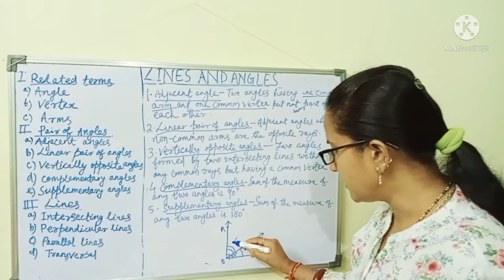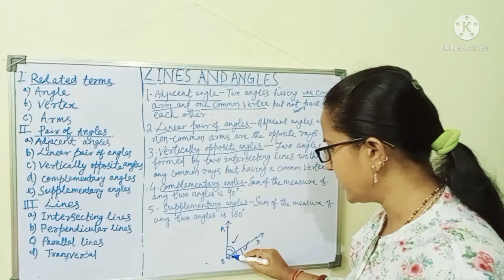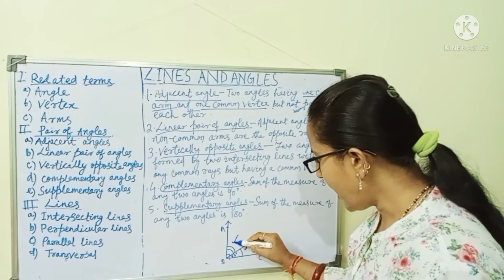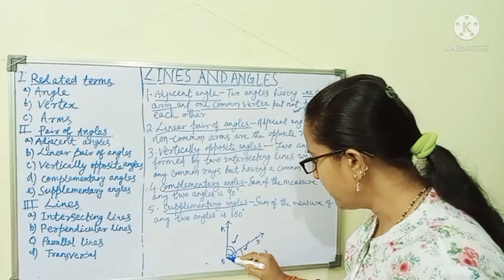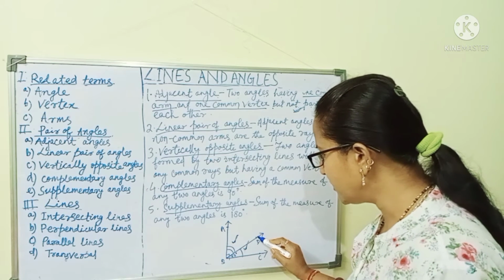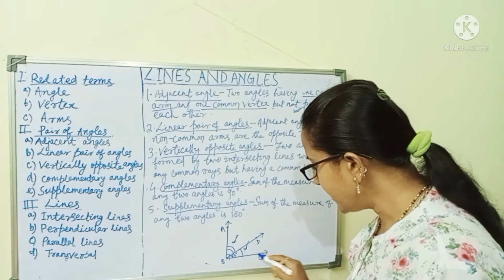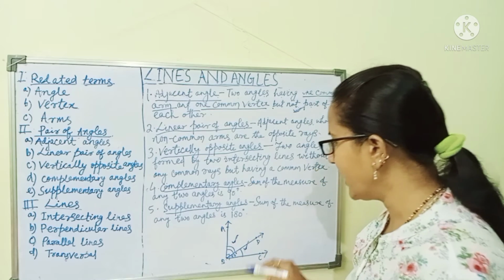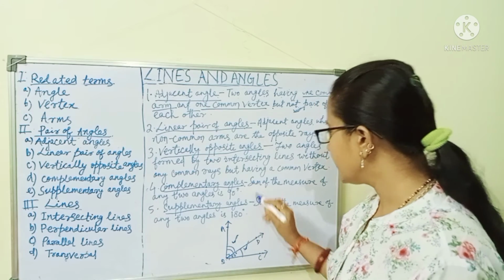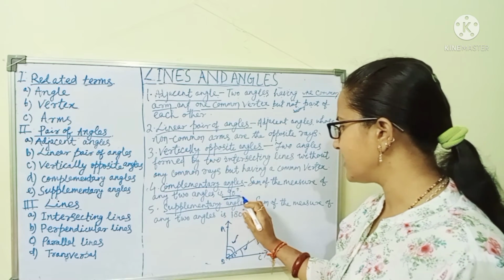When the sum of two angles is 90 degrees, then this angle is complementary to this angle. ABD angle is complementary to DBC angle, and DBC angle is complementary to ABD angle. Just remember, the sum of the measures of any two angles is 90 degrees.